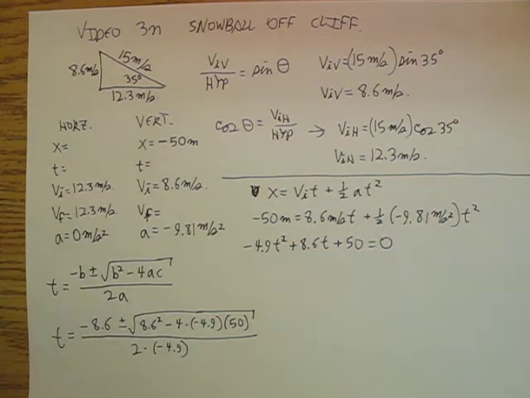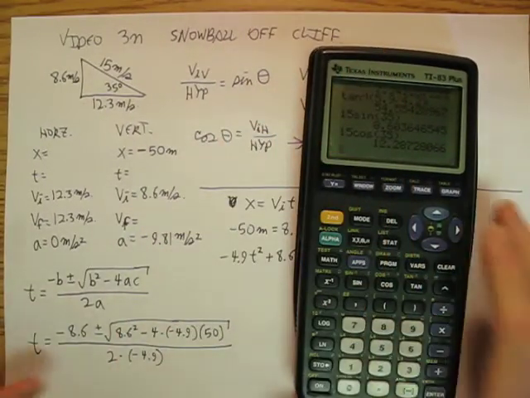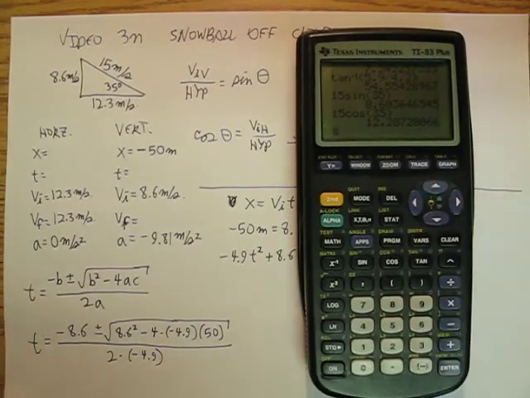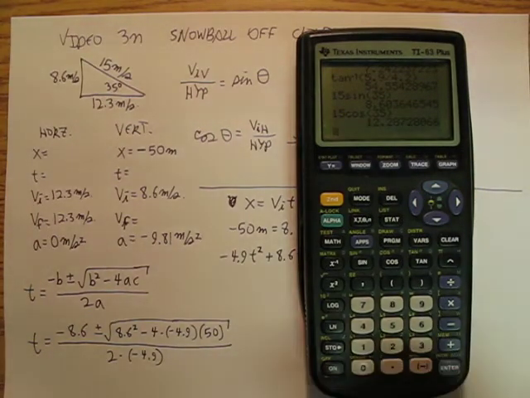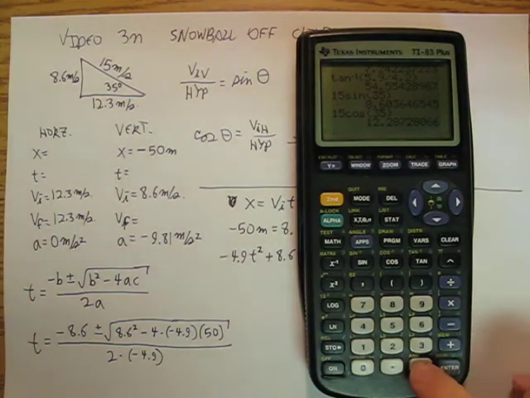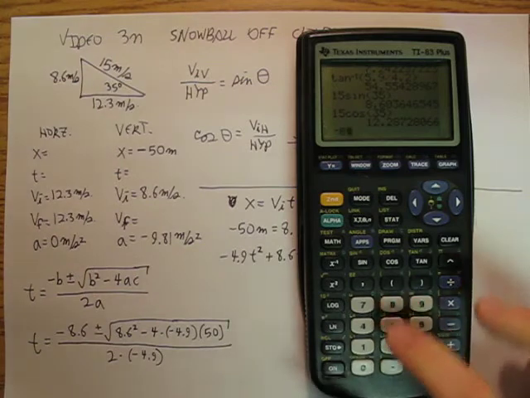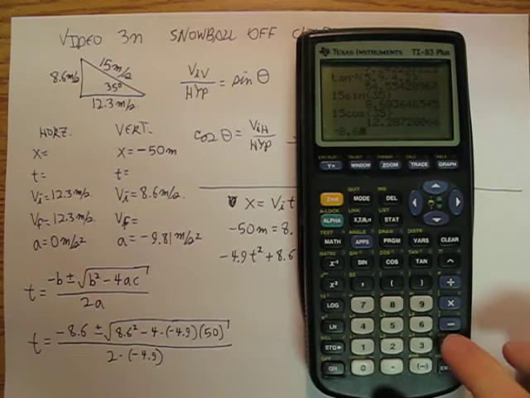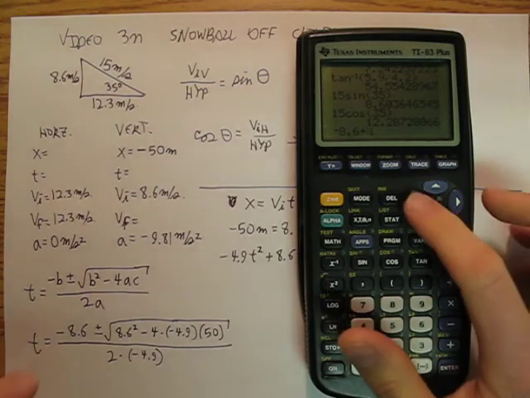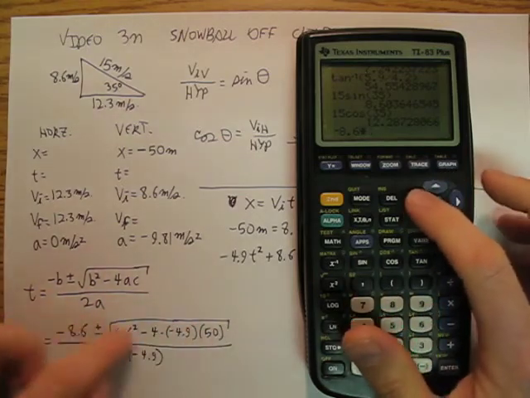Now, watch this as I plug it into the calculator. Very critical. So, I'm going to say negative, hit that button, 8.6 plus, oh, hang on, I'm going to need all that in parentheses up on top.